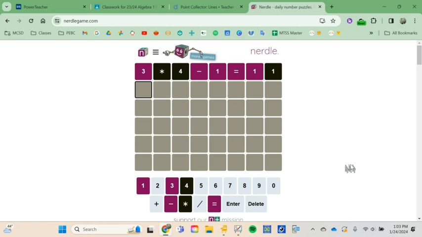So it's not going to be times, and we only have 2 ones we should use. What if we tried 13? 13 1? And then what about divided by 1? No, because I don't want a fraction. Uh-oh.